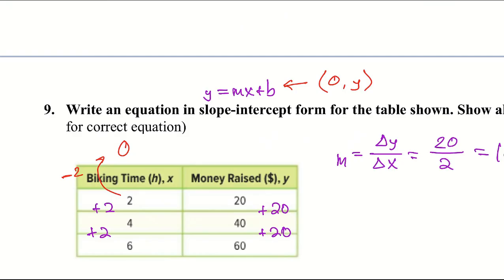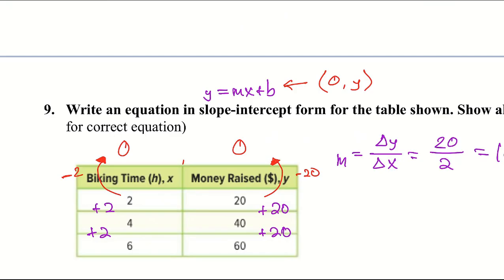But whatever that change is, I have to do the equivalent change to my y's, and my y's are increasing by 20 each time. So again, if I go backwards that way, then instead of plus 20, we're doing a minus 20. And if we start at minus 20, that gives me a 0, which all of these are ordered pairs.